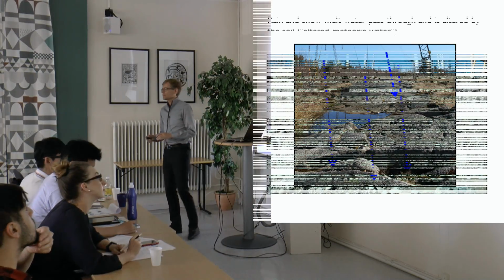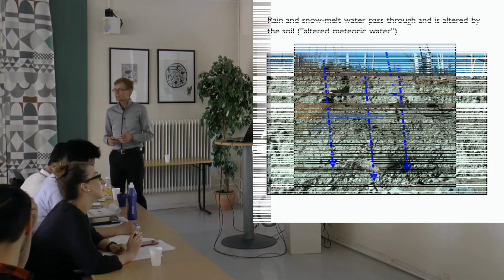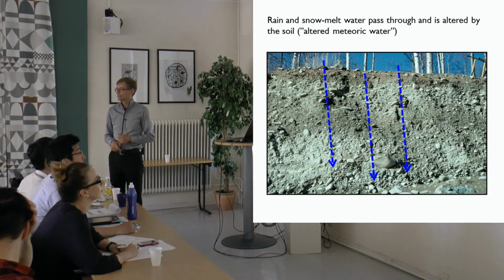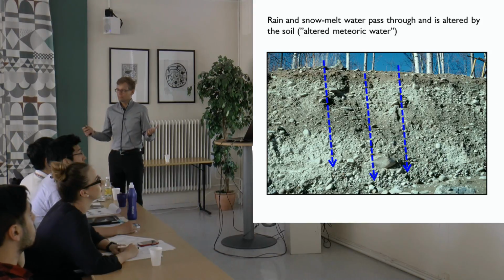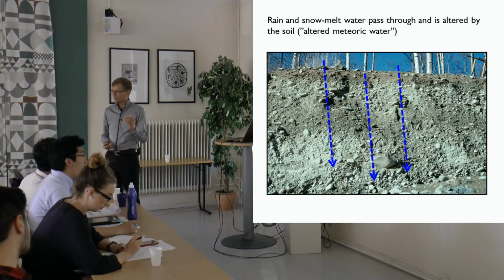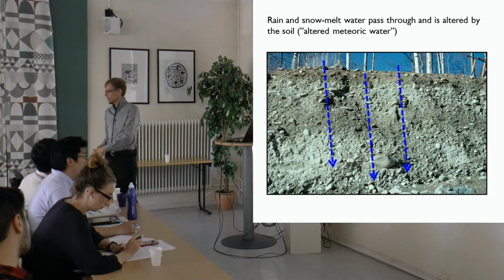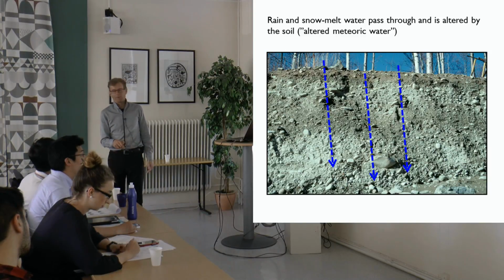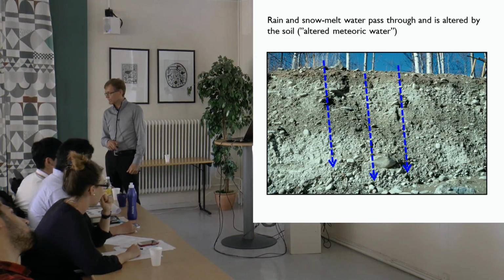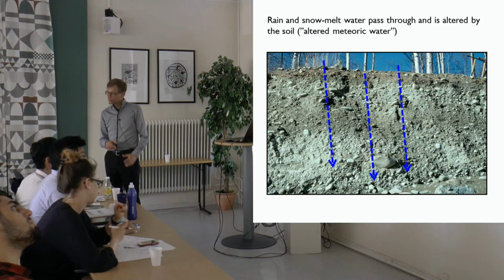At other locations, this rain and snow meltwater first percolates through the soil. In many sites there is quite thick soil cover, so before the rain and snow melt goes into bedrock fractures, it will have to pass through the soil, which it can do because it's unconsolidated. It's a lot of small grains.